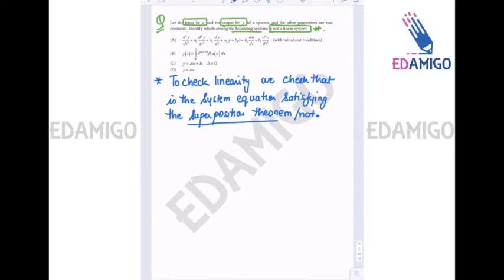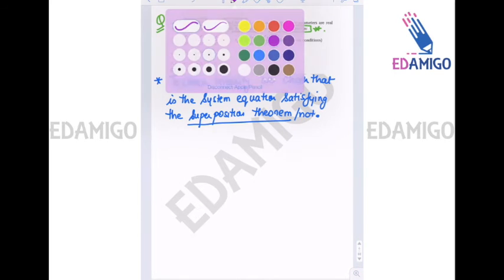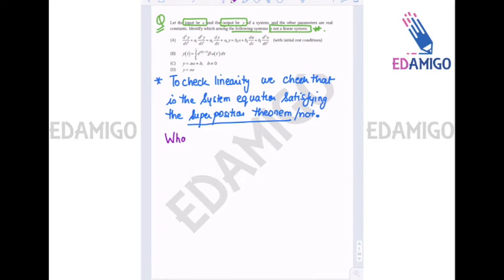If it is satisfying the superposition theorem, then it's a linear system. If it is not satisfying, then it's a non-linear system. So what is the superposition theorem?